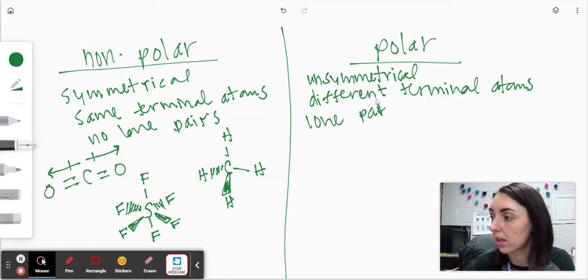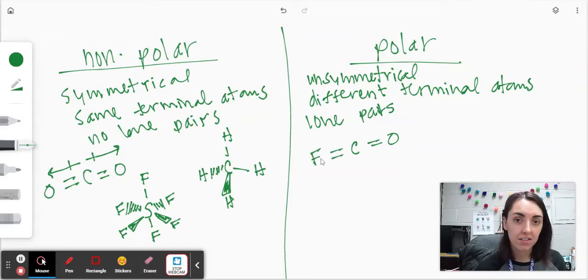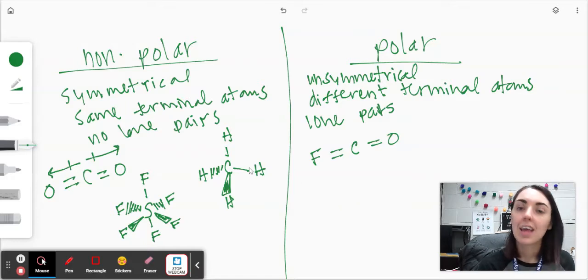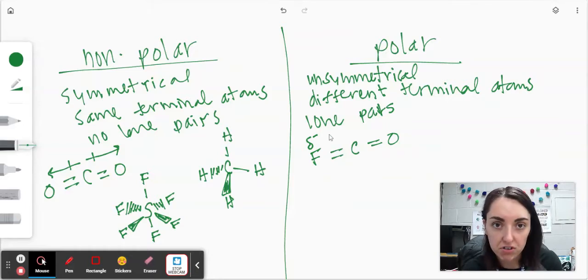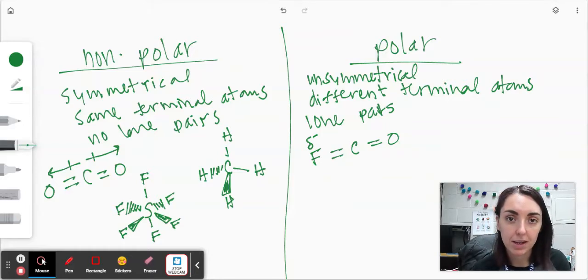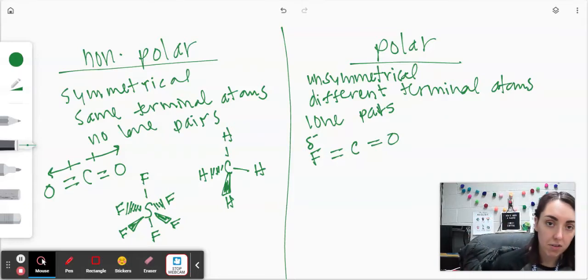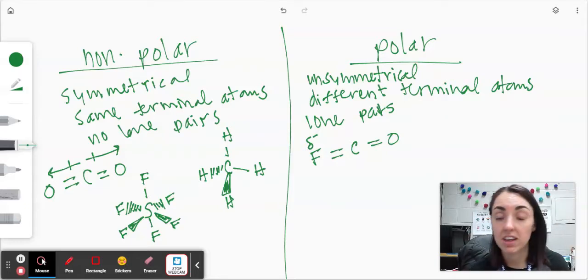Let's look at a really simple one like this. This looks like our CO2, except we've got fluorine on one end and oxygen on the other end. Fluorine is more electronegative than oxygen, so overall this side is going to be more negative. That is a partial charge there. Fluorine is going to pull electrons to itself more than oxygen is. So different terminal atoms, that's polar.